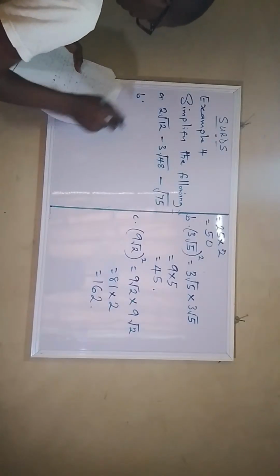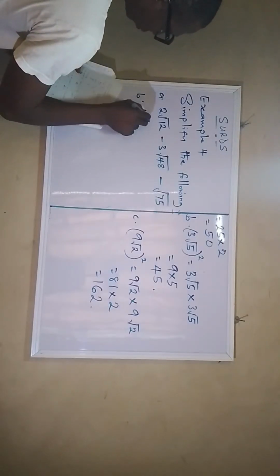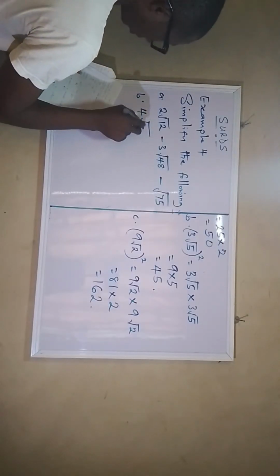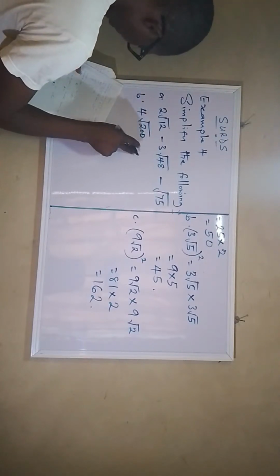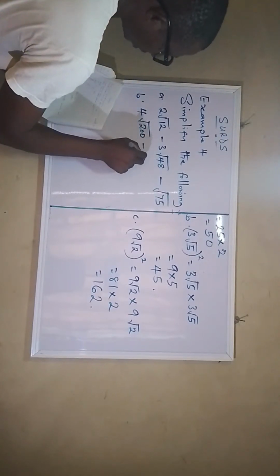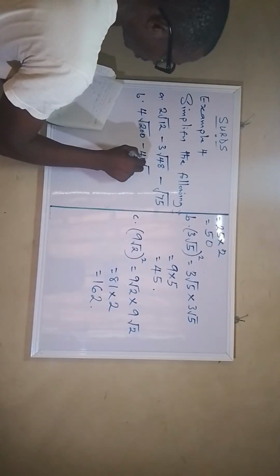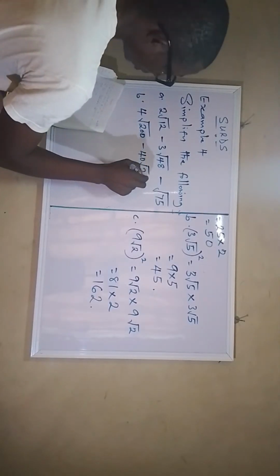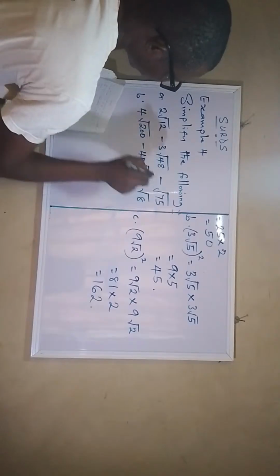B, we have 4 square root of 200 minus 40 square root of 2 plus square root of 8.